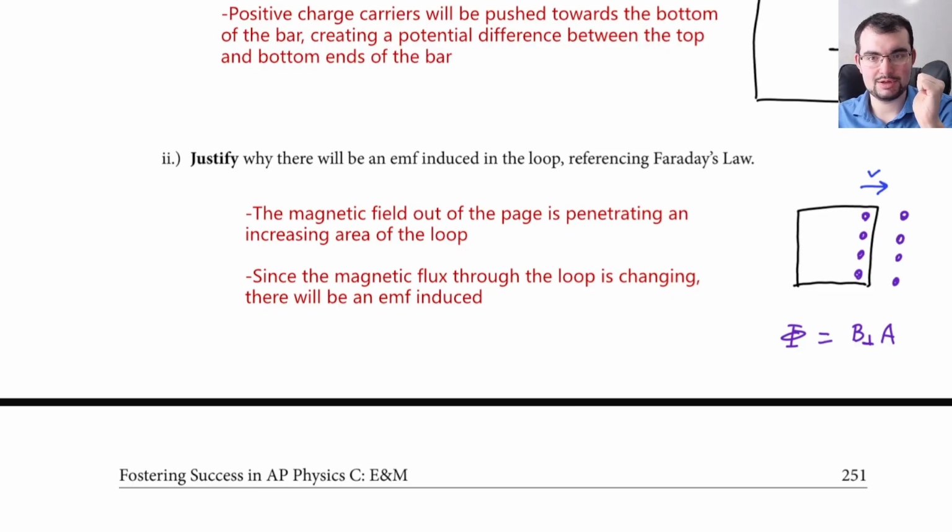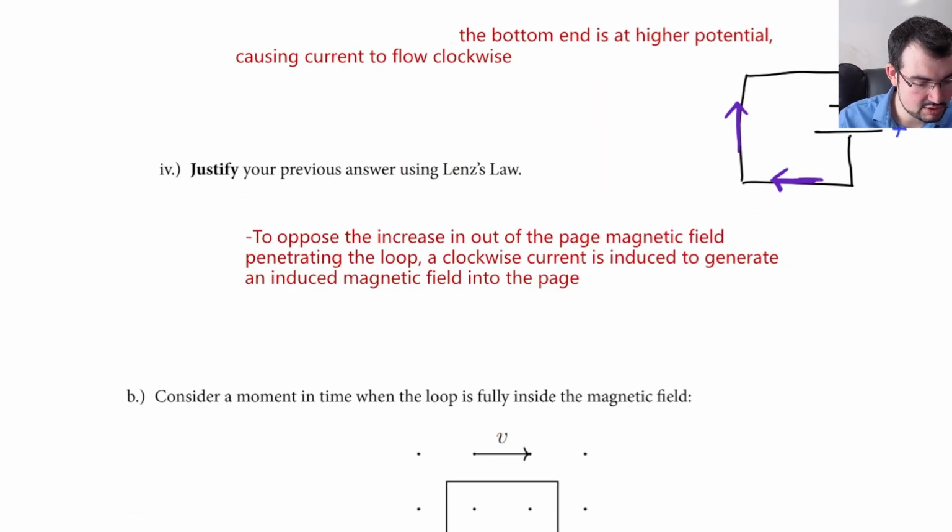So you have to generate a B field that generates X's. So how do we do that? Well, if we wrap our fingers around, we see that that is clockwise, as expected.